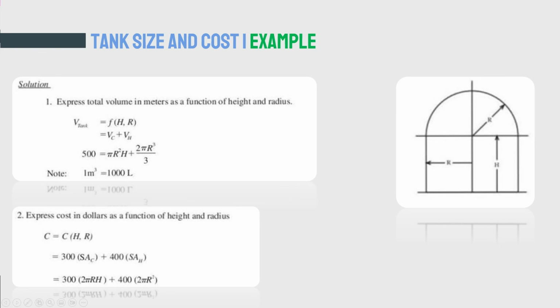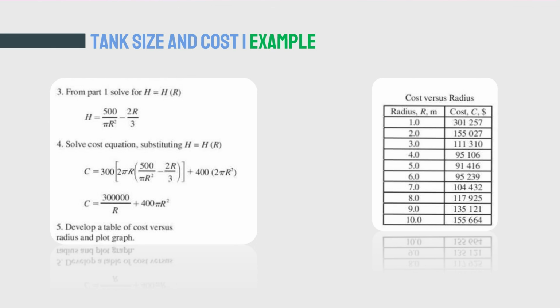Let's go to the next slide. So next you say you need to solve for h in equation 1. Then after you solve for h, you need to solve the cost equation by substituting h with whatever value it includes. So for 1, we need to solve for h here.